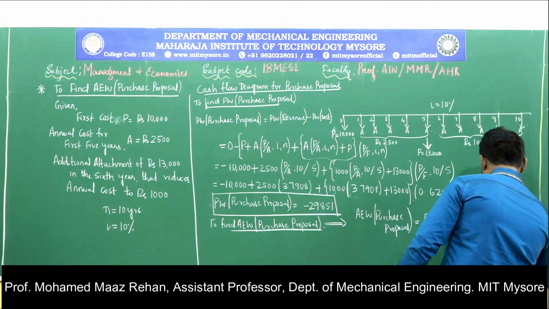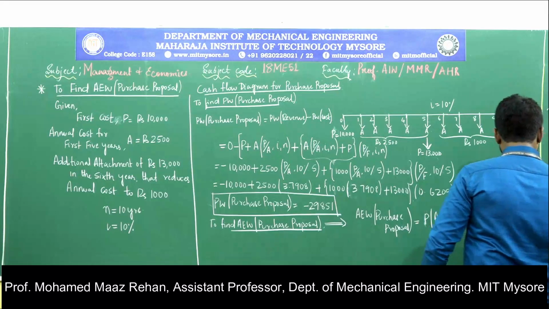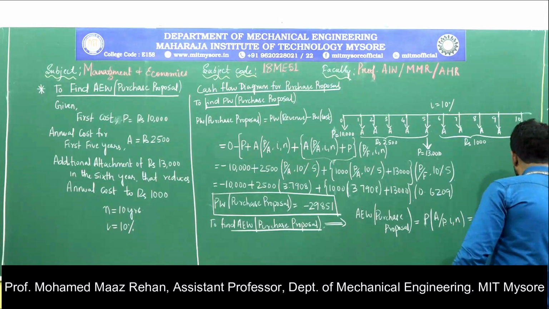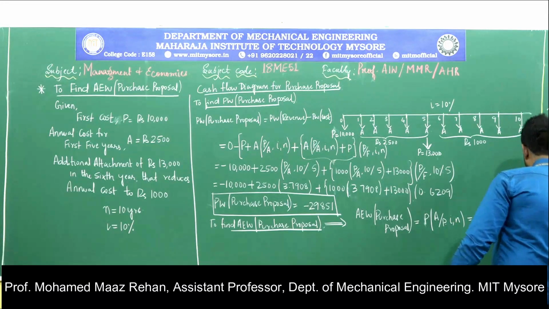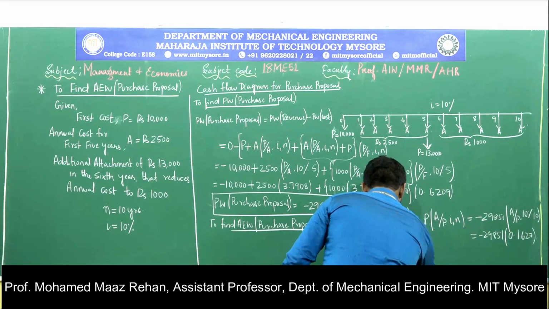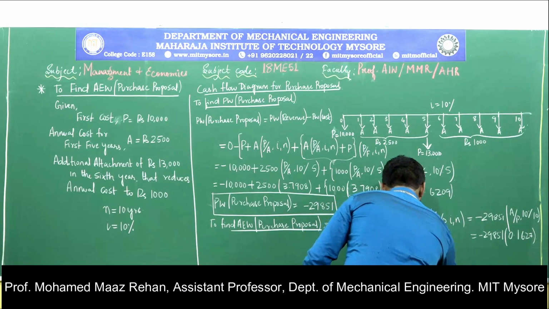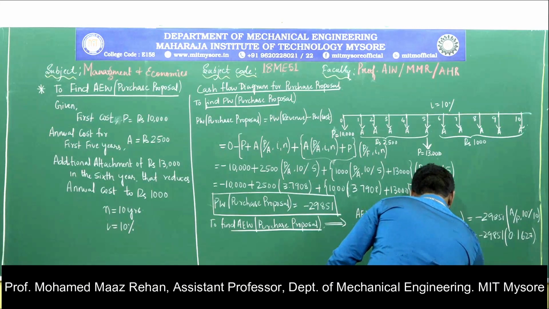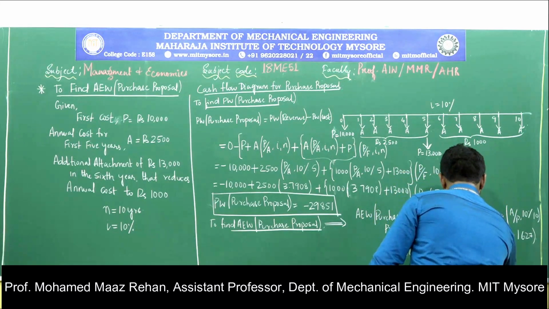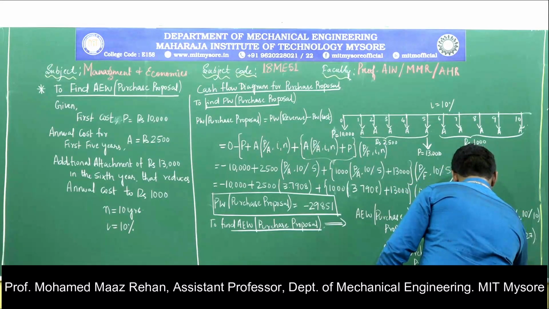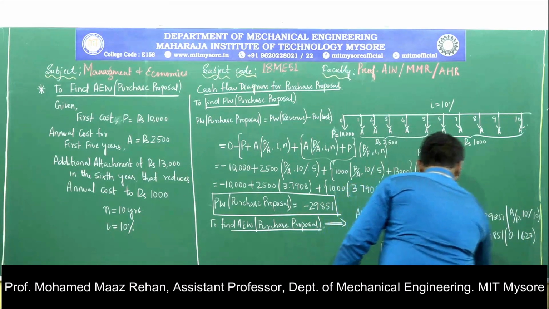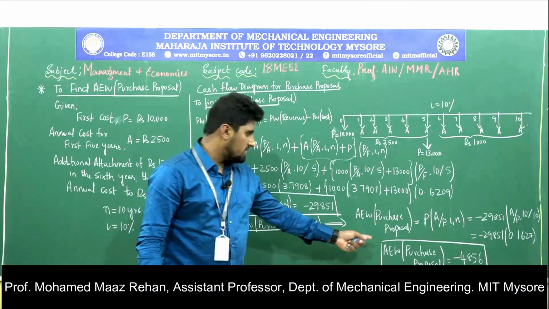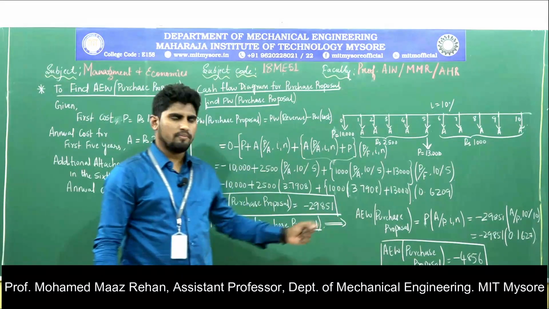So minus 29851 into 0.1627. The final answer for the annual equivalent worth of the purchase proposal is minus 4856. This is the answer we got for the annual equivalent worth for the purchase proposal.